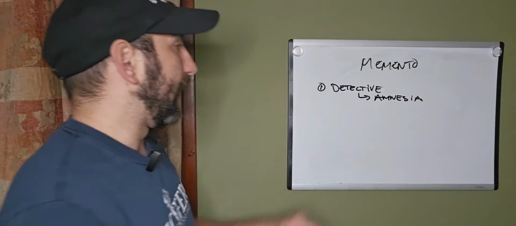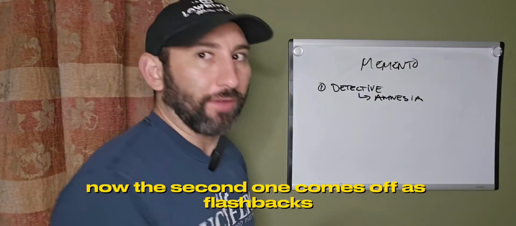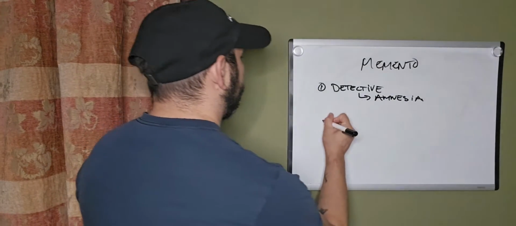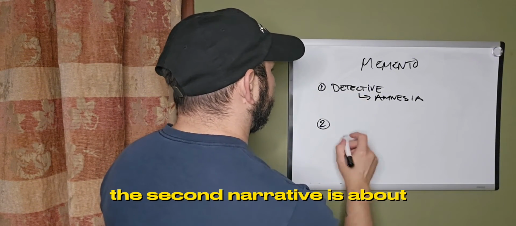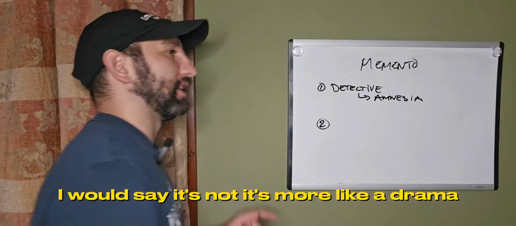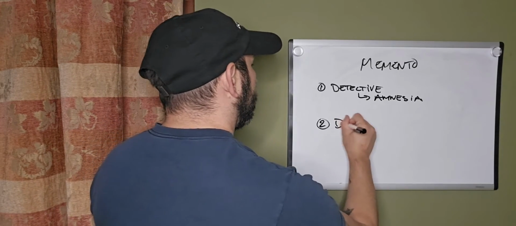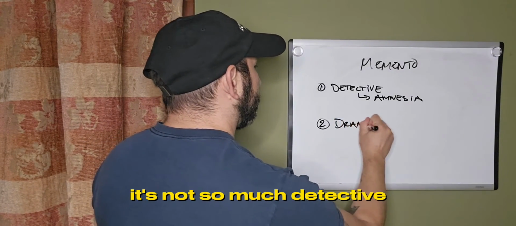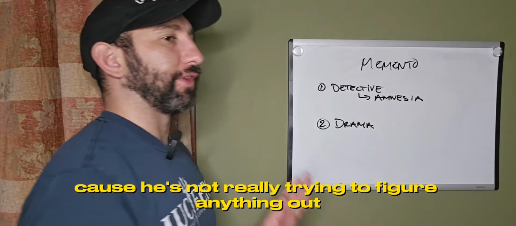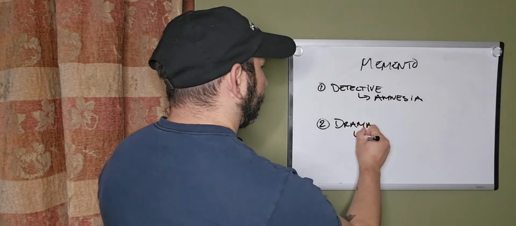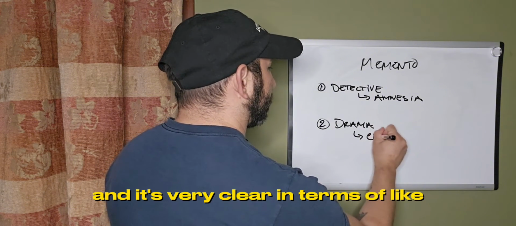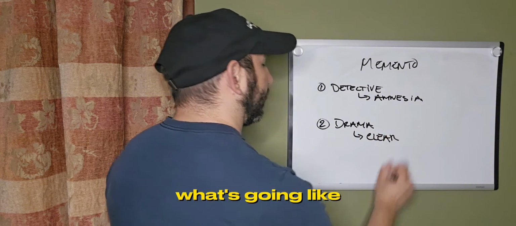Okay. Now the second one comes off as flashbacks, but this is the thing. The second narrative is, I would say, more like a drama. It's not so much detective because he's not really trying to figure anything out. It is a drama. And it's very clear in terms of what's going on.